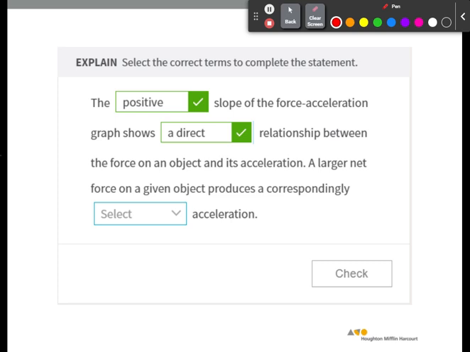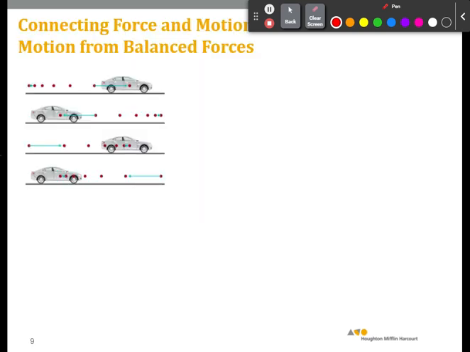A direct relationship means that when one variable increases by a certain factor, the other variable also increases by the same factor. So when the force doubles, the acceleration doubles. A larger net force on a given object produces a correspondingly larger acceleration.